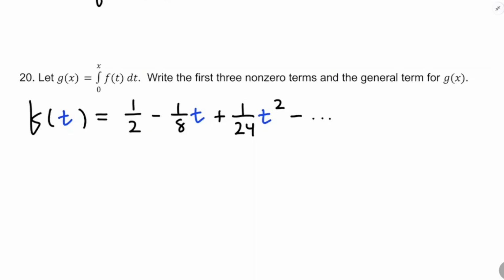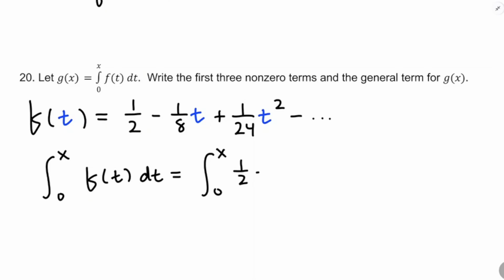And then when I go to integrate from 0 to x of f of t dt, that's going to be the integral from 0 to x of 1/2 minus 1/8 of t plus 1/24 of t squared minus dt.